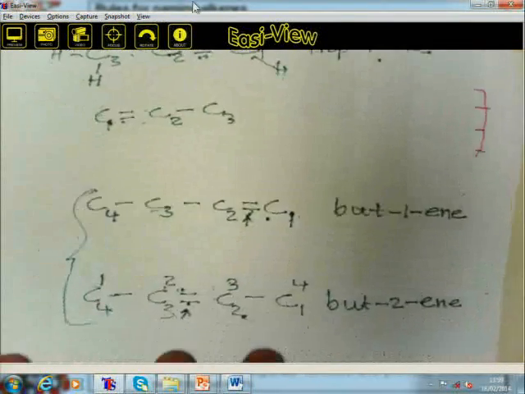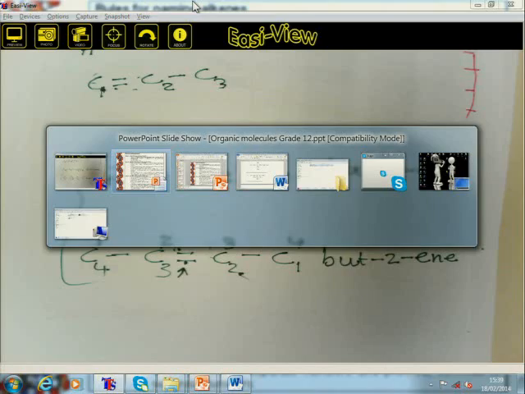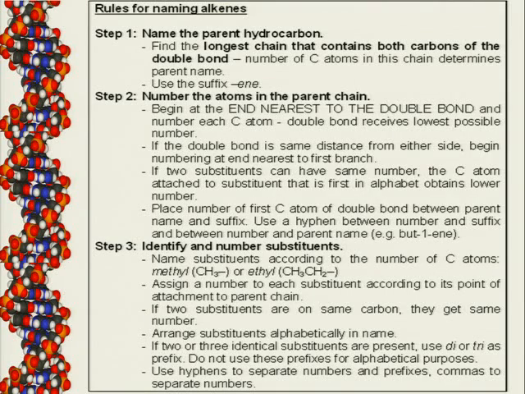So this is how you name the alkene, following the rules that we had. You begin numbering from the end nearer to the double bond. So you check where the double bond is, and then the double bond must have a lower number. And then this number you must indicate.